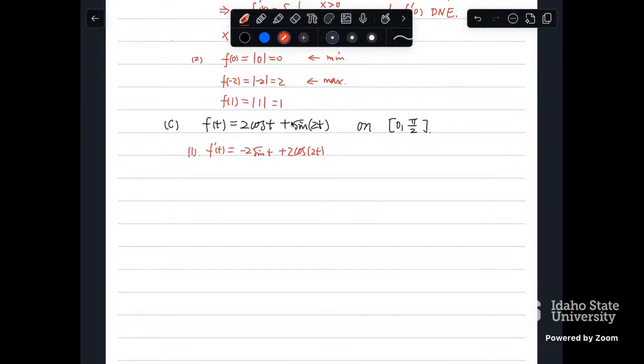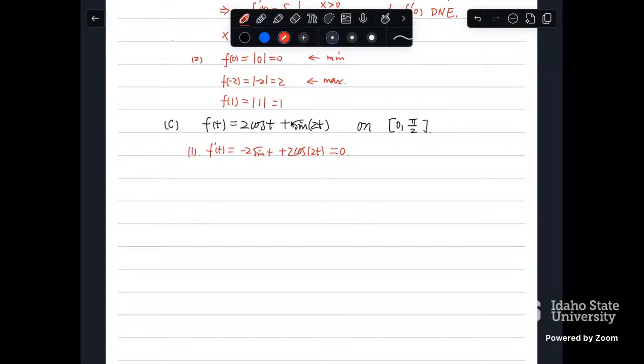But because this is a trigonometric function, the derivative is always defined, so there's no such point where the derivative doesn't exist. We can ignore that part. We only need to figure out where the derivative equals 0. Does this make sense?